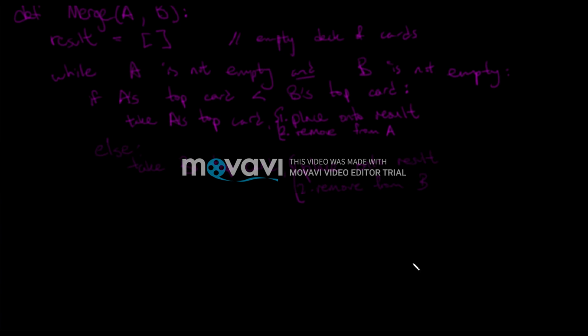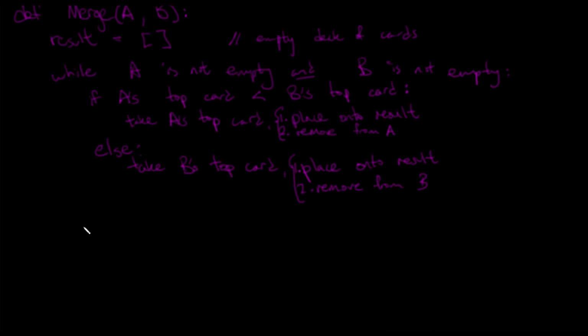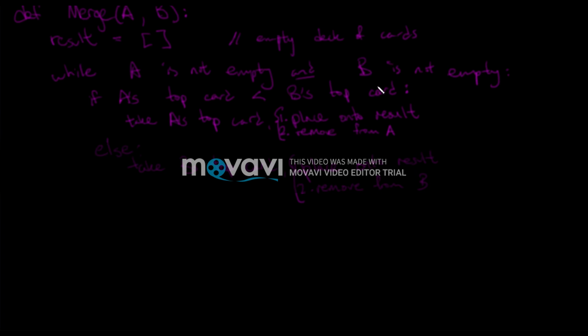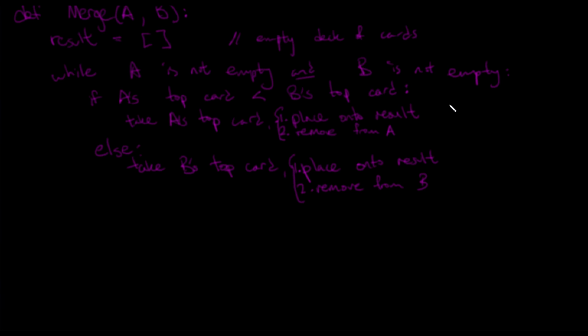So this is all fine and dandy, but one thing you could ask is what happens when one of these is empty? In other words, what if we have a deck of cards, let's say A, which isn't empty, which has some cards in it, but B is empty, there's no cards in B. We ran into that situation last video with the example in the last few cards of the deck.